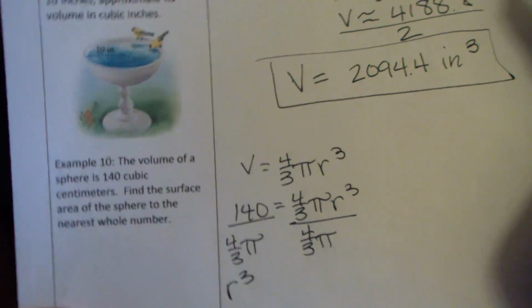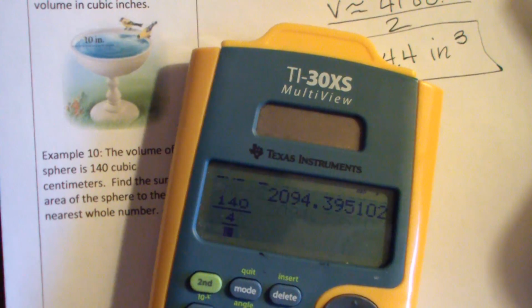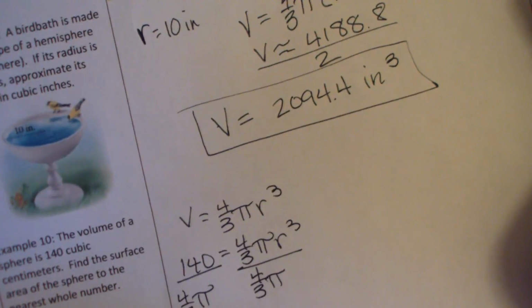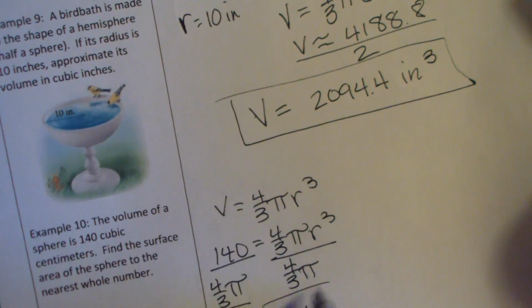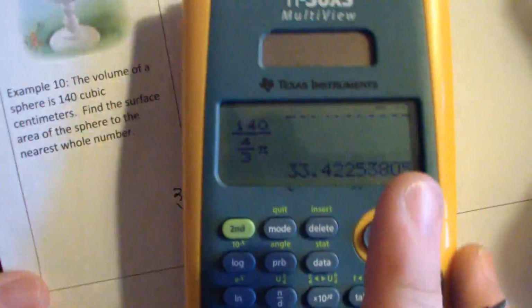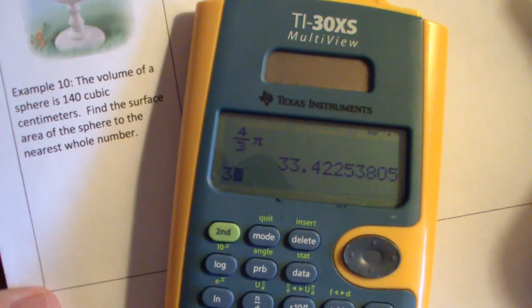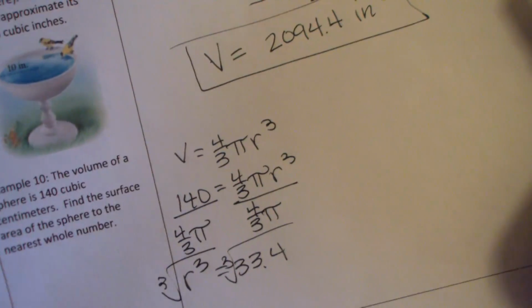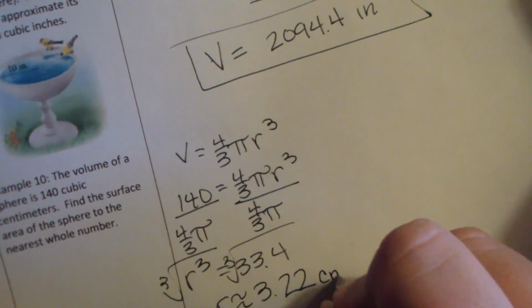So r cubed is going to be 140 over 4/3 pi, which is 33.4. Take the cube root of each side, and the cube root of our answer is 3.22. So our radius is approximately 3.22 centimeters.